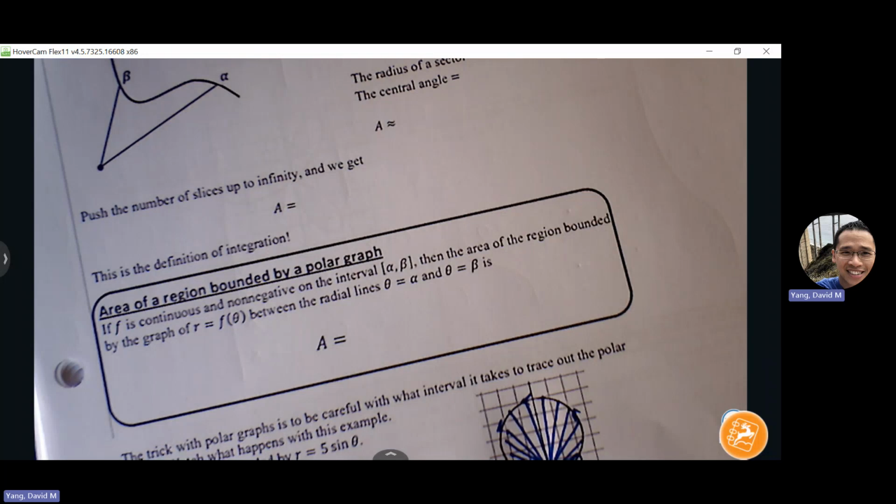I'll give you the packet and the key, and I'll record all the videos. So after seeing it Thursday, I think you should be self-sufficient.